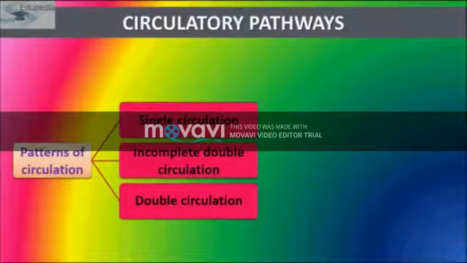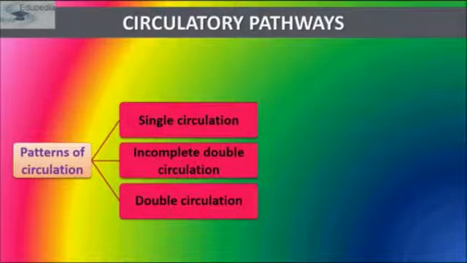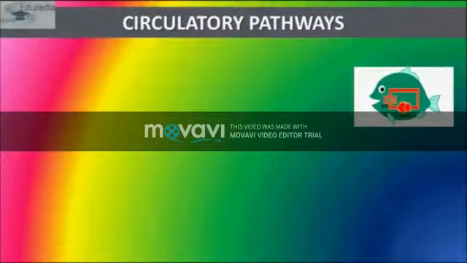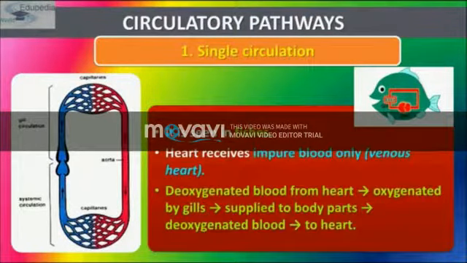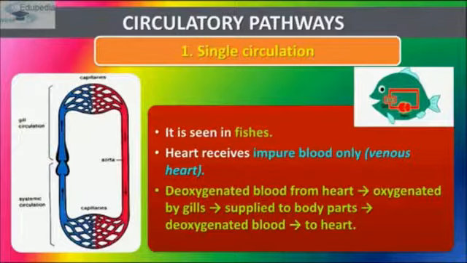Now, there are three patterns of circulation that are seen: single circulation, incomplete double circulation and double circulation. Now what happens in the single circulatory system? It is seen in fishes, in which the heart pumps out deoxygenated blood, which is oxygenated by the gills and sent to the body parts, from where deoxygenated blood is carried to the heart.